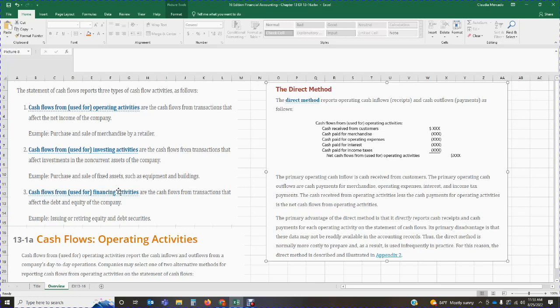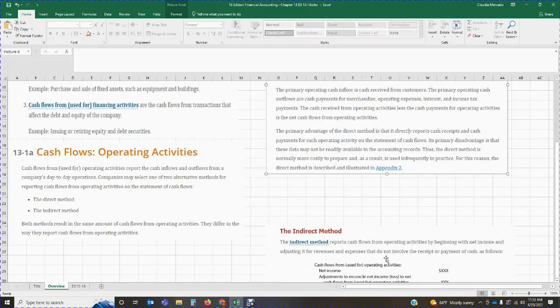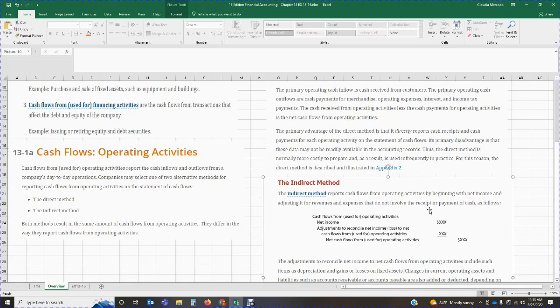Okay, so the direct method is not used a lot. It is rarely used. The method that is more commonly utilized is the indirect method, and that's the one that we're going to be basically focusing on in class.